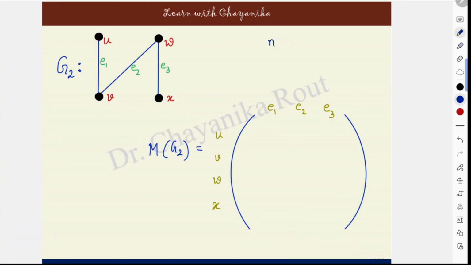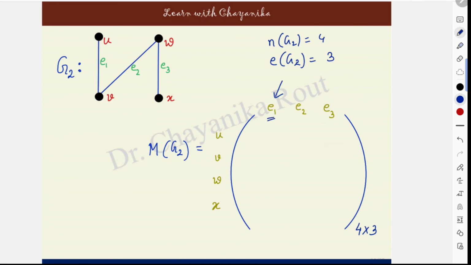Here I am dealing with a graph G2 which has 4 vertices and 3 edges. So I am going to get my incidence matrix as a 4 cross 3 matrix where I have labeled my 4 rows with the 4 vertices, and I have labeled my 3 columns with the names of the 3 edges. Now see how to fill up the entries. I will go column by column. So I come to the first column, E1. This column corresponds to the edge E1.